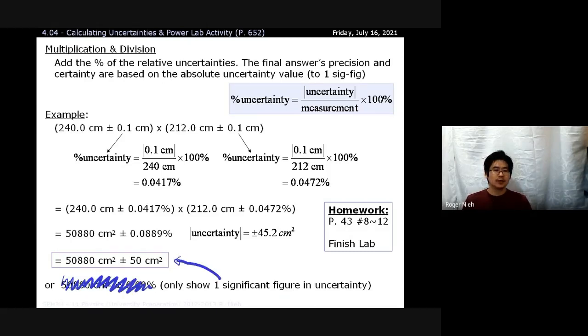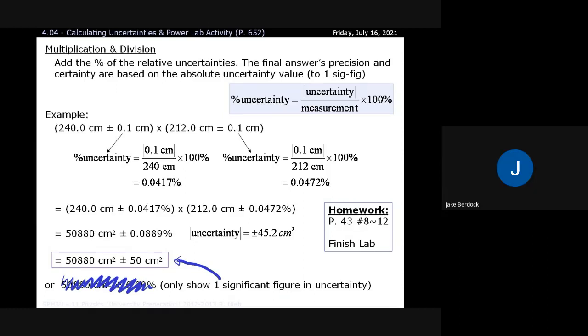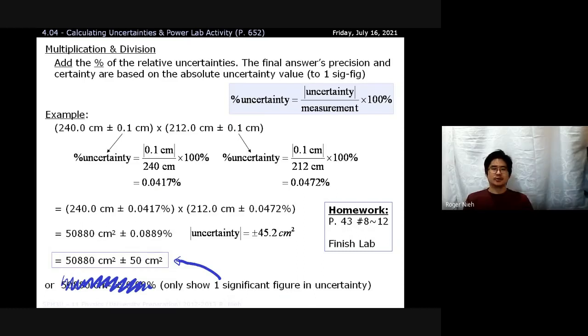Okay. Yes, another student has another question. Sorry, my connection was buffering. Do you mind going back to the equation and just going back to how you got the 50,880 centimeters squared? So this is all recorded, so if you want to watch back there, that's fine. Remember that what's going on over here is that I'm still multiplying.